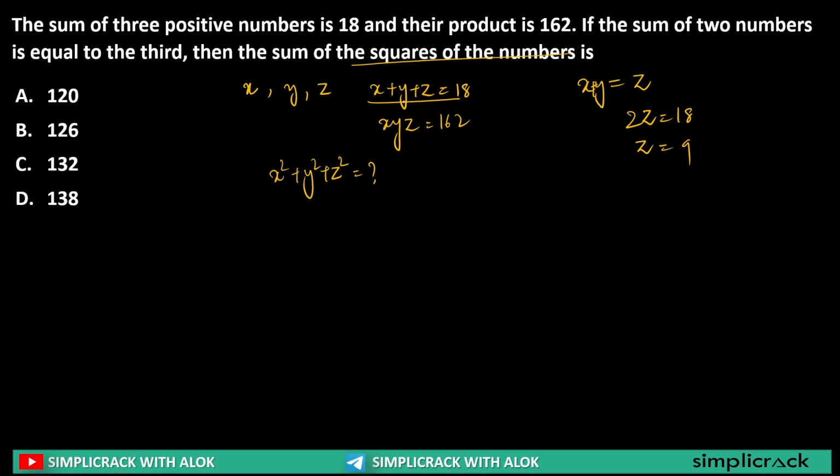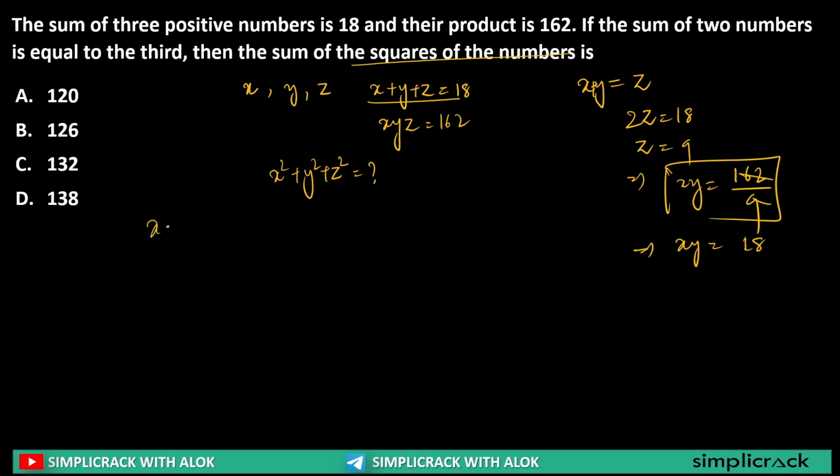Now xyz is 162 and z is 9, so xy is equal to what? 162 by 9, that is 18. Clear? Yes sir, clear.